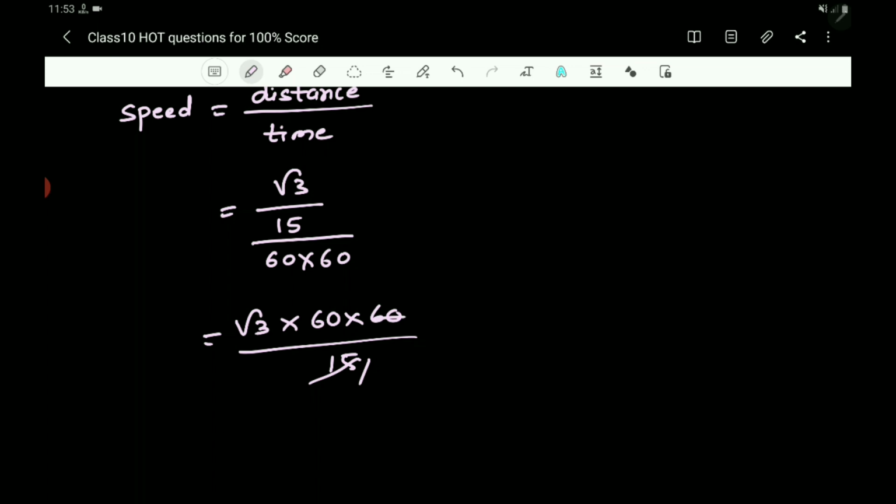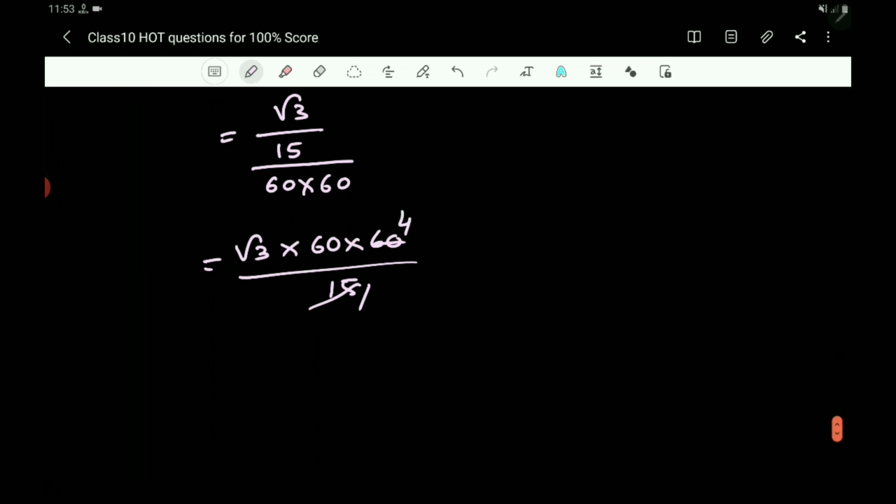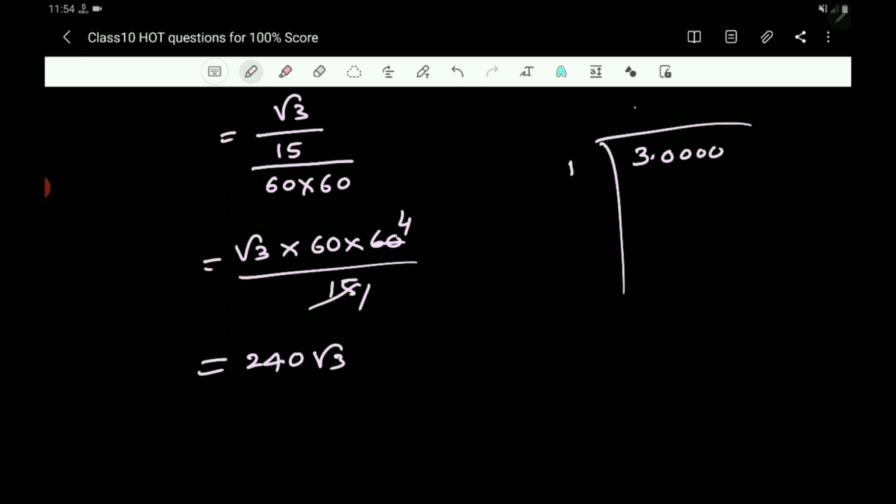So 15 fours are 60, then 6 fours are 24, so 240 root 3. And root 3 value approximately you can have, that is 3.0000. Then if you take the division method, take the next 0 and 24.